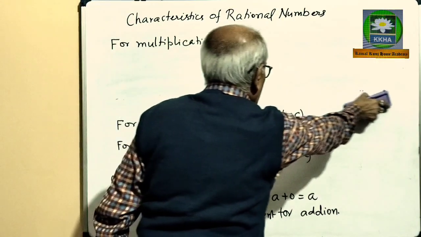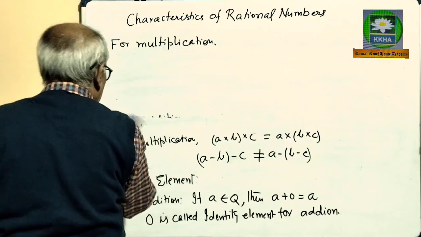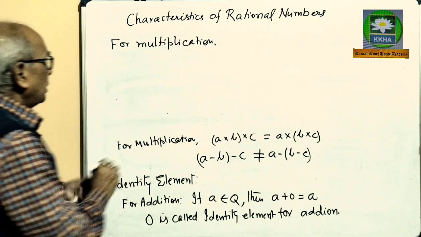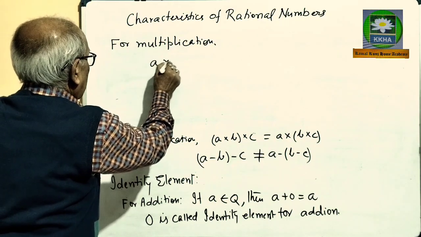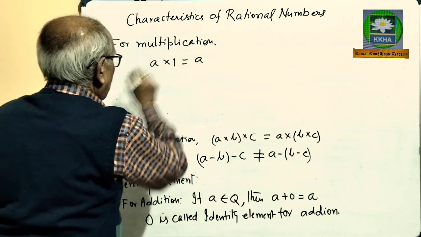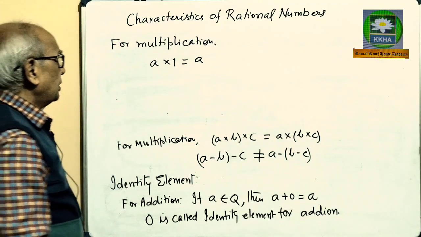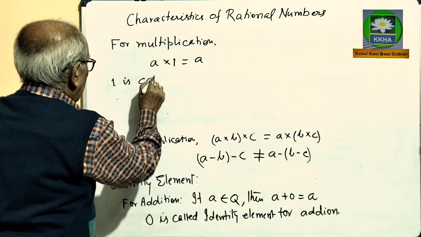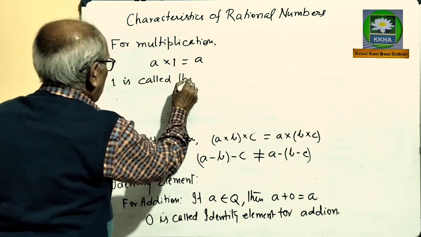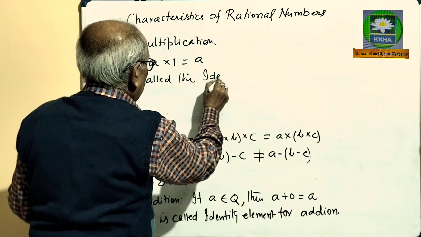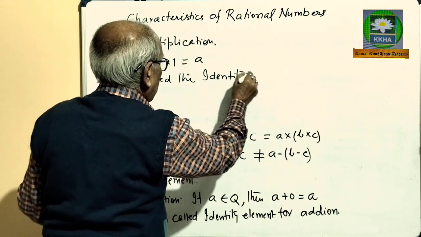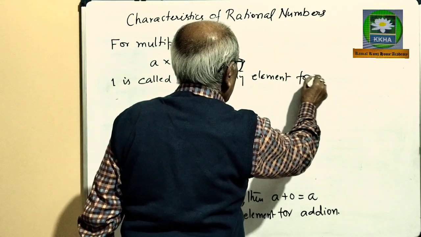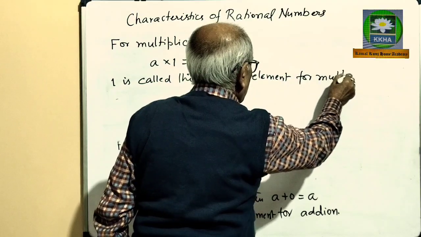And for multiplication, A multiplied by 1 is equal to A. Here 1 is called the identity element for multiplication.